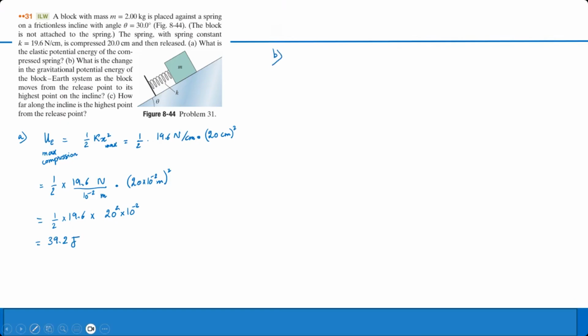In part B, we want the change in the gravitational potential energy of the block-Earth system as the block moves from the release point to its highest point on the incline. So we want to see how the potential energy is going to change.